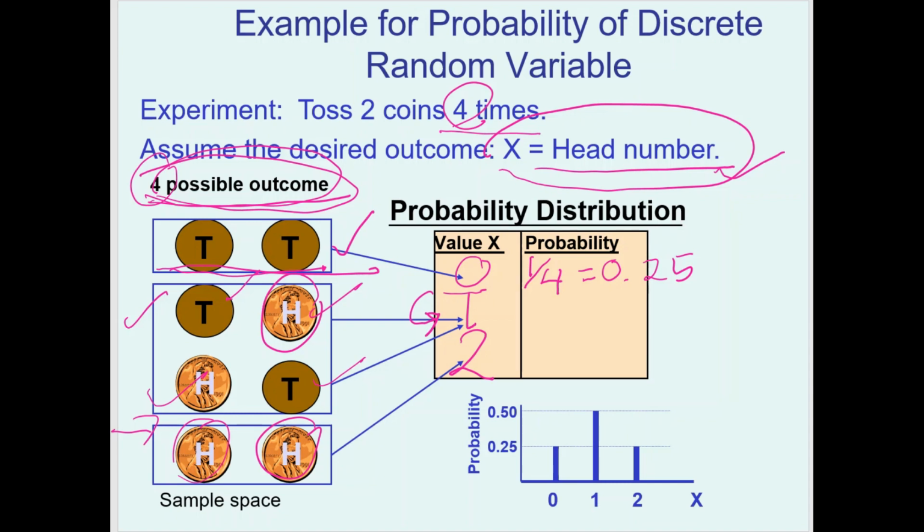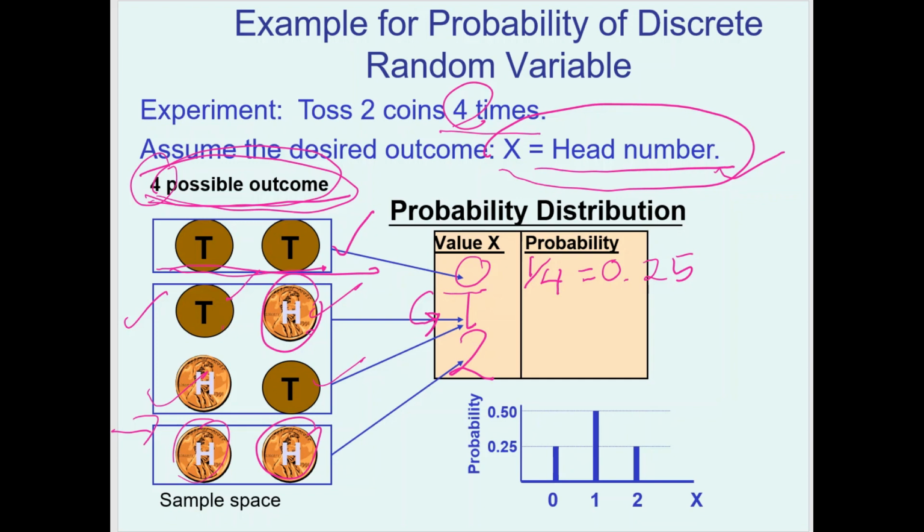Let's look again at the 4 possible outcomes here. The first one, we have 2 tails, which means 0 heads. Move to the second one: 1 tail, 1 head. So here we got 1 head. Move on to the third one, because we want to see all of the listed possible outcomes first. We want to sum up everything.